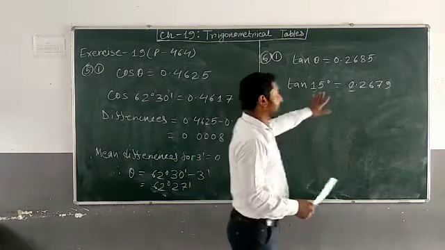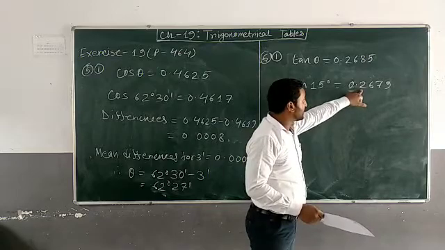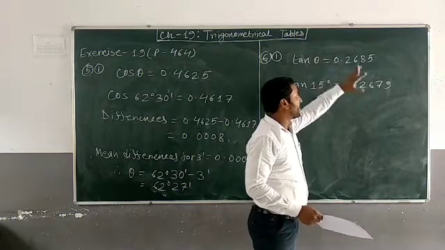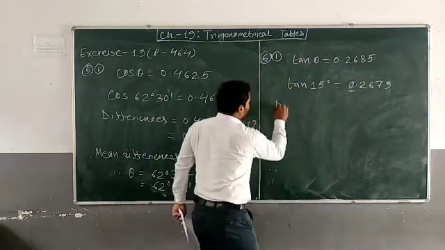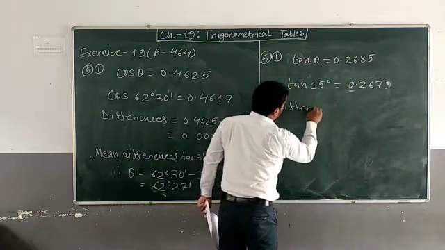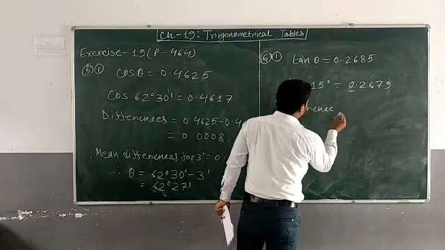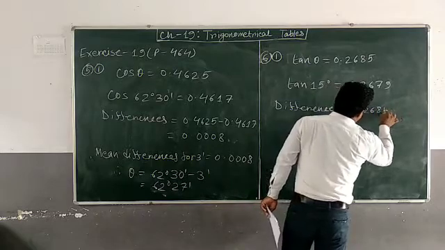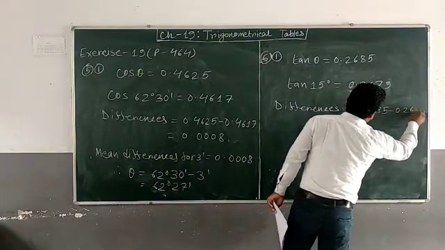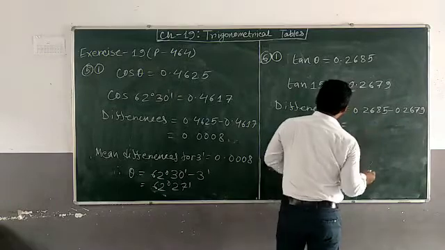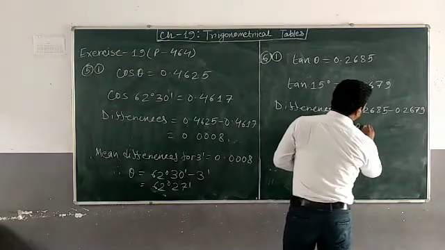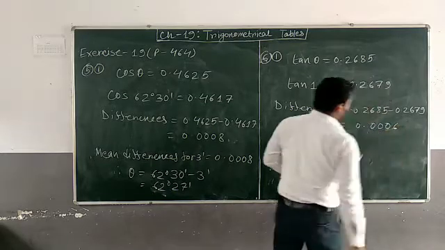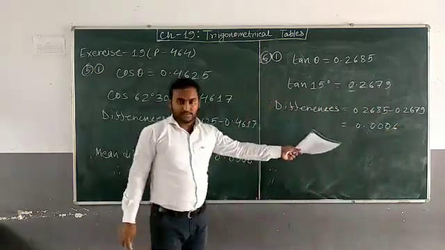So this is the nearest preceding value of the given value 0.2685. So differences is 0.2685 minus 0.2679, which equals 0.0006. So this is the mean difference.